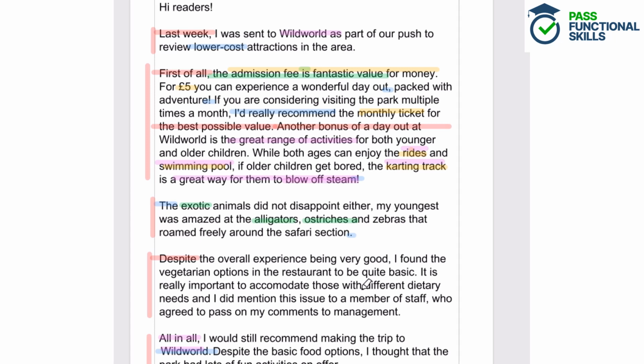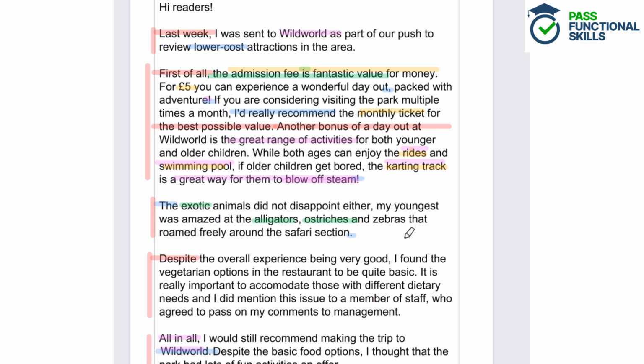We've also got exclamations to make it seem really exciting and appealing to the reader. And we've got a generally positive tone because overall this person really likes the venue and wants to persuade the reader to go there.